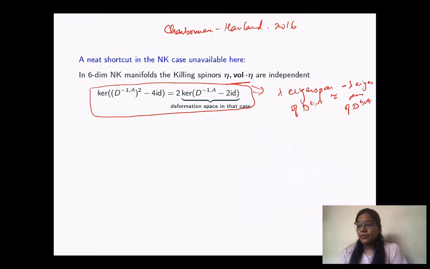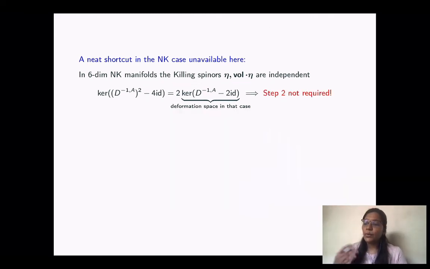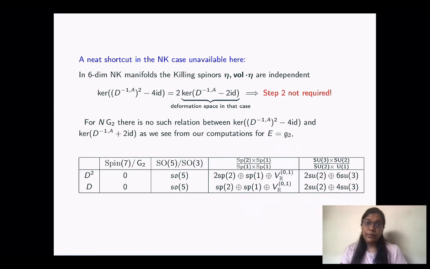What is good is that if you know the lambda square eigenspace, then you already know the lambda eigenspace is just half of it in some sense. So step 2, computing the action of the Dirac operator on the lambda square eigenspace, is not required, which saves a lot of trouble, but nevertheless it can be done.